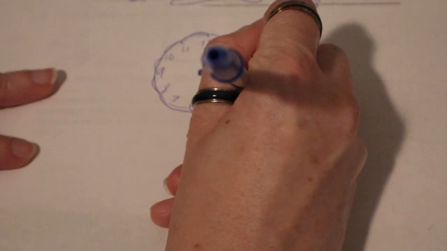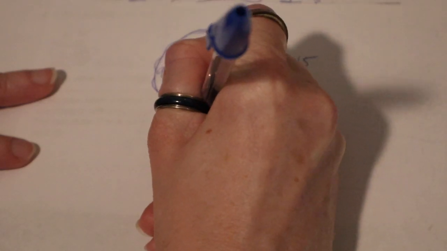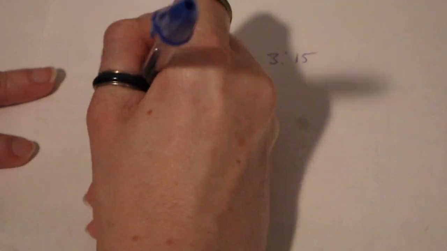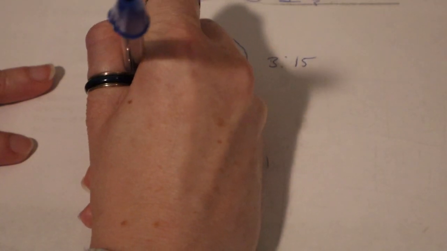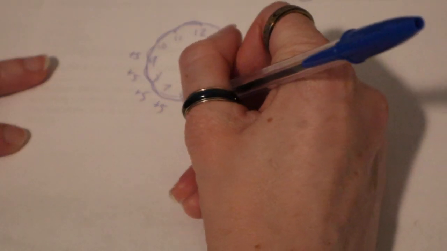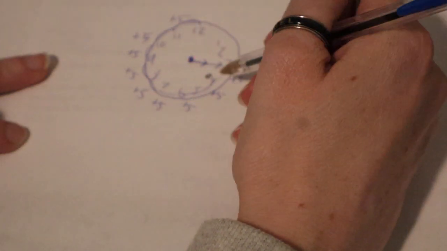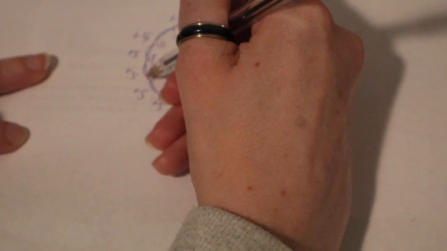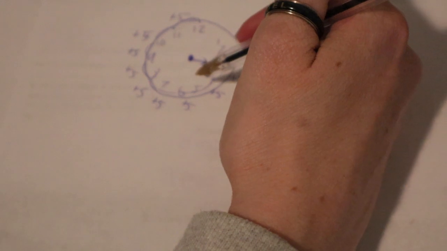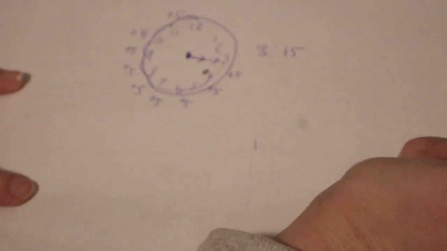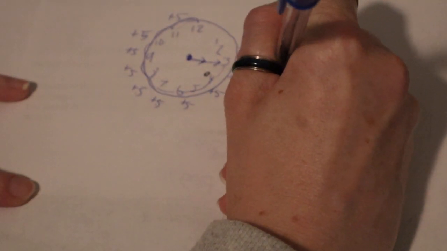So what we did is we counted 5 minutes each time. 5, 10, 15, 20, 25, 30, 35, 40, 45. So 45 minutes to go around the clock, and now we're imagining it's 4 o'clock. Now we're at 4 o'clock.